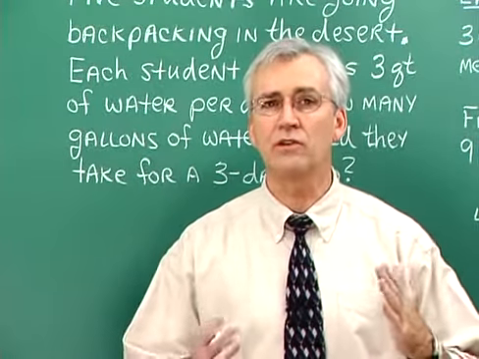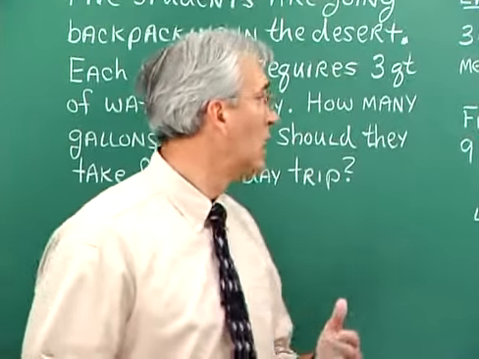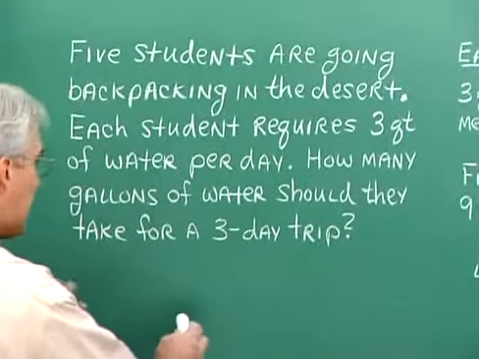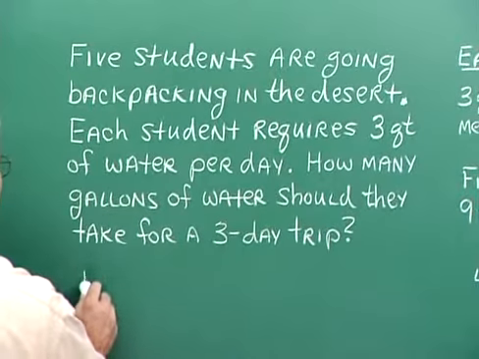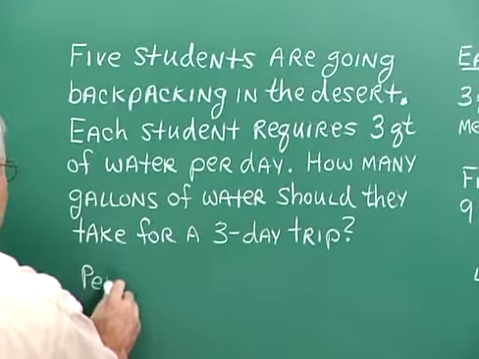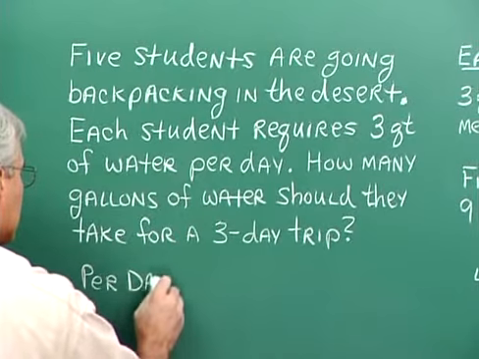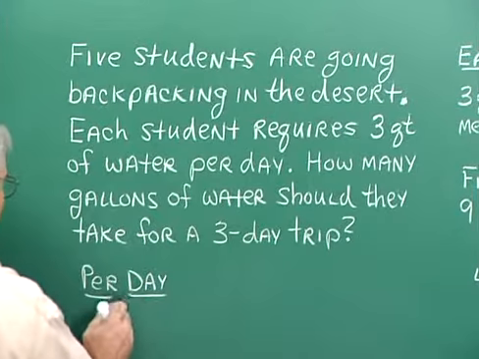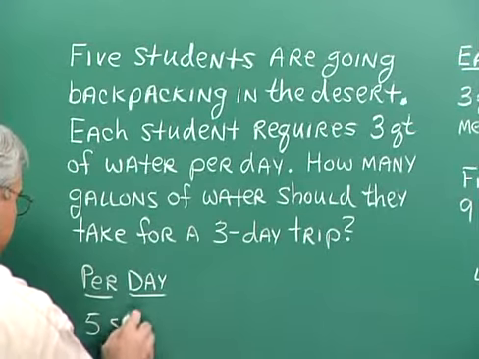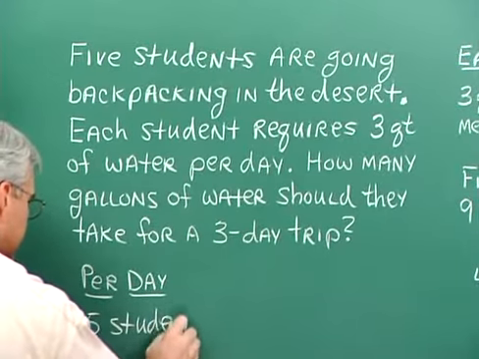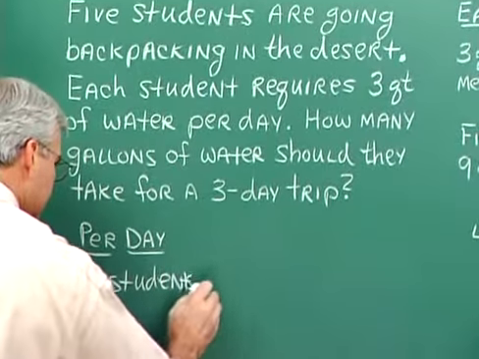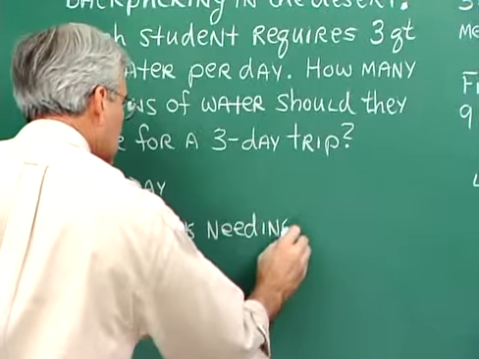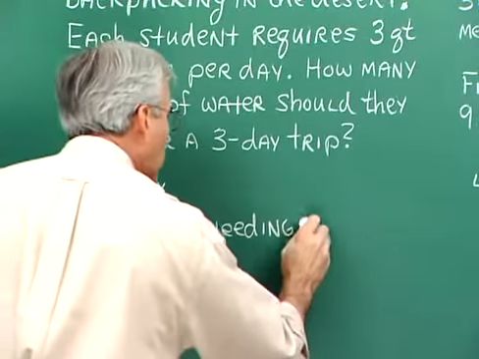Well, there are actually 2 very good ways to organize it. One way is to start with the notion of the need per day. You see, think about what's going on on a per day basis. Every day we have 5 students needing 3 quarts of water each.